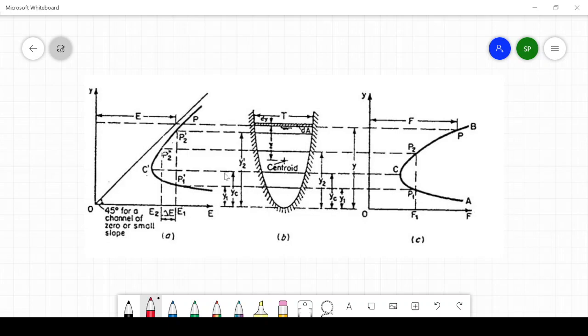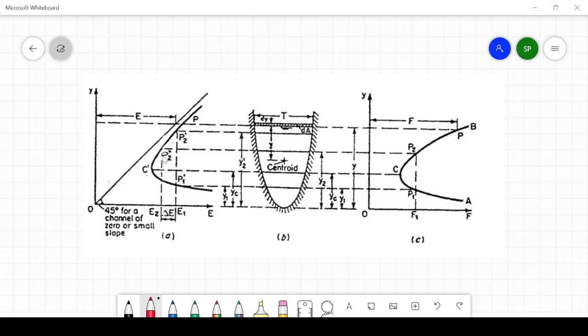Again, in specific energy, you will get two depths corresponding to one specific energy, and these depths are called what? What is the depth name? Alternate depth.